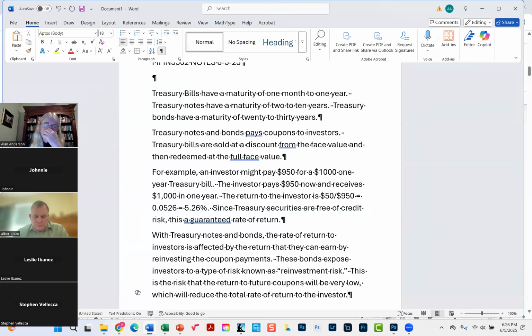So in other words, you're worried that if you have these coupons coming in and rates fall in the future, that means your future cash flows will be reinvested at a relatively low rate of interest, and that will impact your total return. So Treasury bills don't have any coupons, and so therefore are not subject to reinvestment risk.